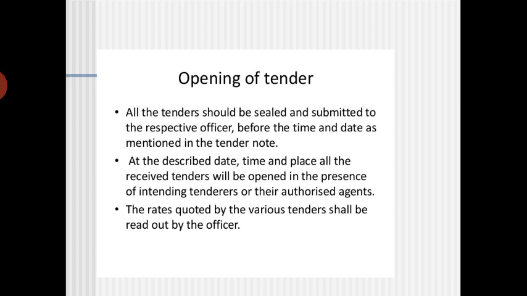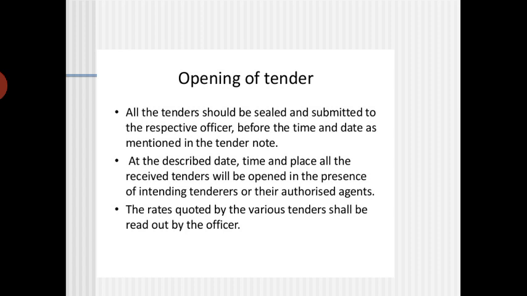Normally, if it is a government tender, then two expert committee members will be there, and one member in front of the contractors, and one more from the company side, the company persons, will be there.